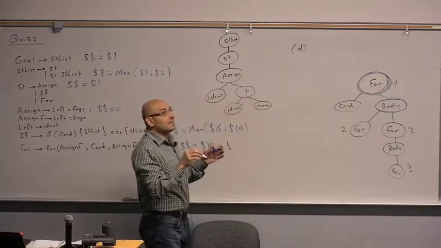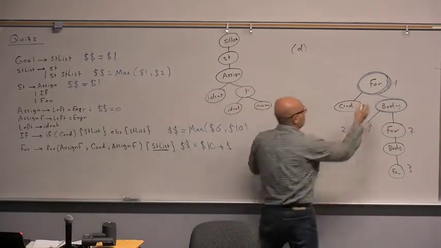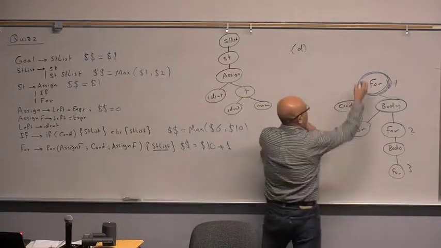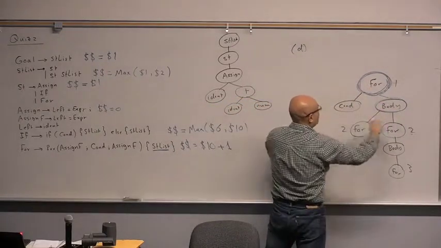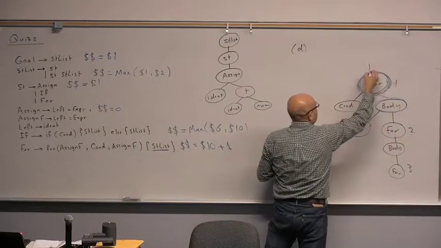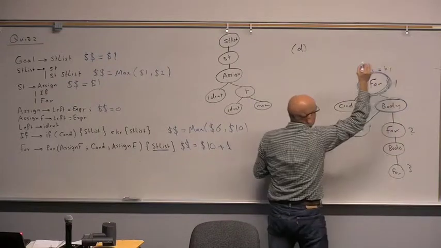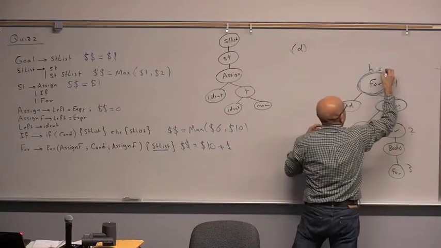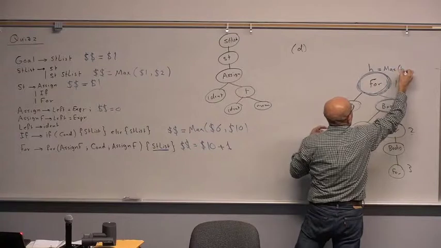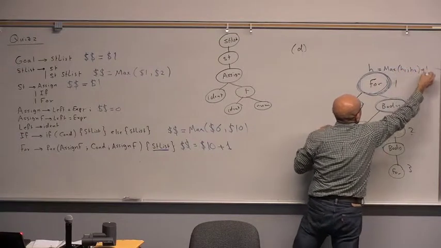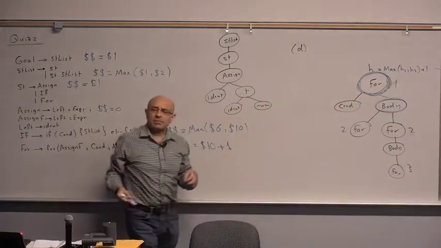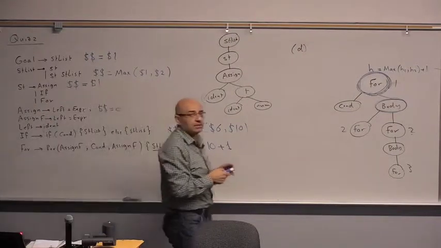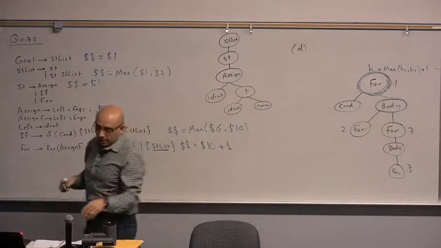This is not the depth, this is the height, in fact. The height of this node relative to the leaf nodes is the maximum of the heights of the children plus 1, or the maximum of height 1 and height 2 plus 1. So this is something that you should have seen in graph traversals and tree traversals. Anyway, so that was the idea.